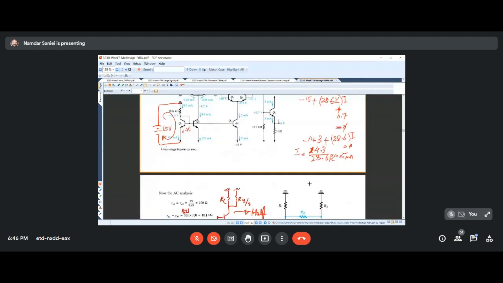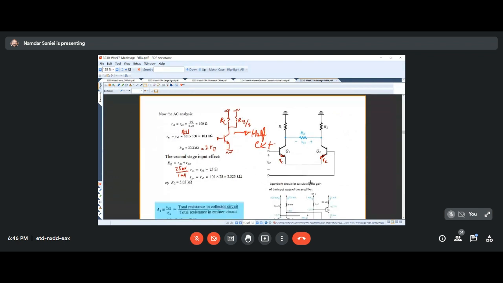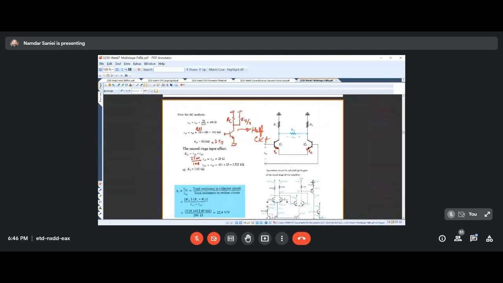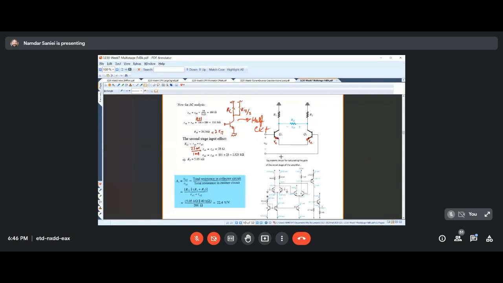Then we continued with the AC analysis of each stage. So we went stage by stage and looked at the effect of the next stage on the previous stage by the resistance that we would see into the next stage. That would also contribute to the load of the previous stage, and we would have to use it in finding the voltage gain for each stage. So we found the voltage gain in most of these cases.